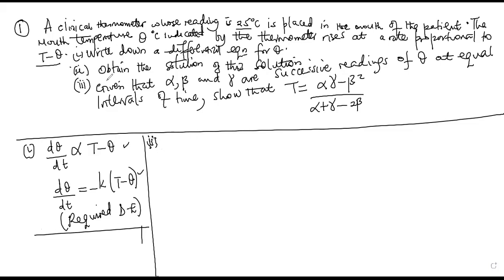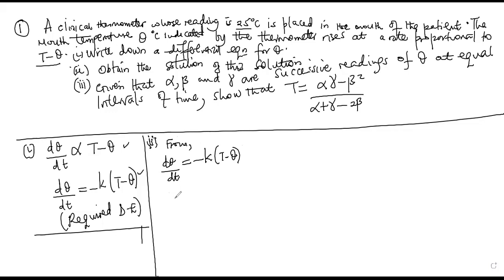To obtain the solution of this differential equation, we shall separate the variables. From d theta dt is equal to negative k times T minus theta, separate the variables.